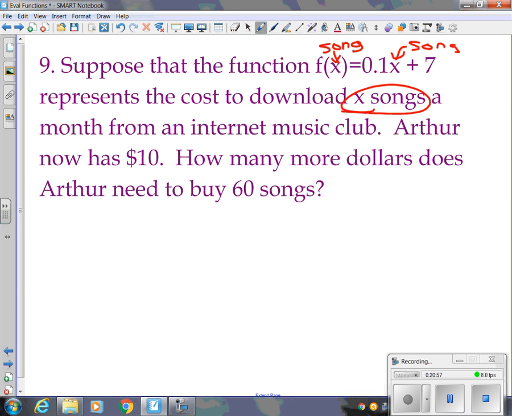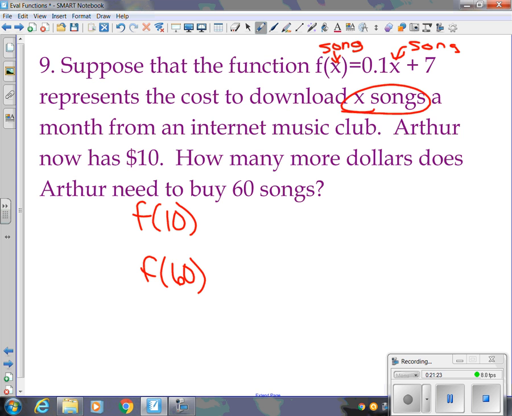So he's going to join a music club, internet. Arthur now has $10. How many more dollars does Arthur need to buy 60 songs? Now, is this the correct one or is this the correct one? Because this time I have two different numbers. Or are both of them right?